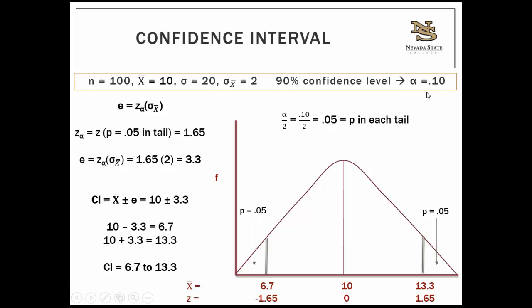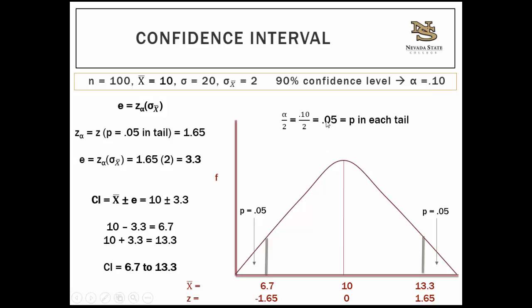Now this alpha level, this proportion of the distribution that we are going to use to find our z-scores, is going to be split. We're looking at the two scores that represent the middle 90% of the distribution, so we're left with 10% of the distribution, or an alpha of 0.10. But that 10% needs to be divided into the two tails. So you take that alpha, 0.10, divide it by 2, and you get 0.05.